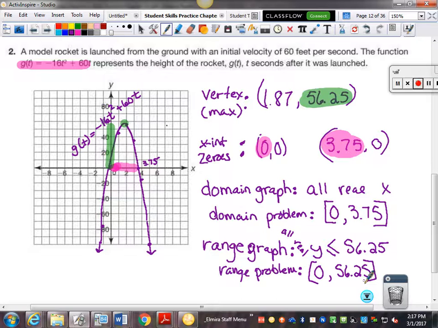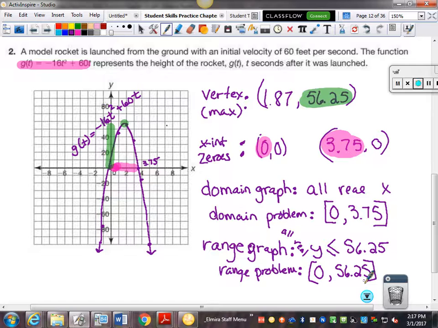So there's a difference between the graph and the problem. The graph is a picture of all the possible points from putting in that function into our y equals. But because this is about a rocket, we may not be interested in every point.